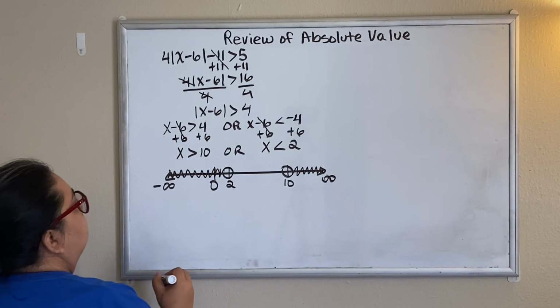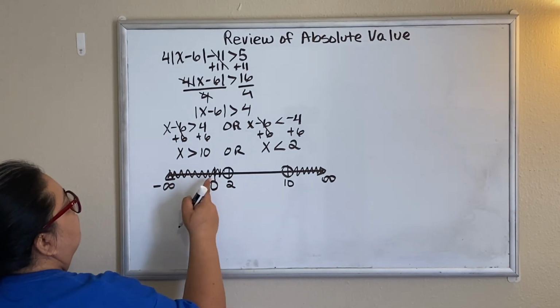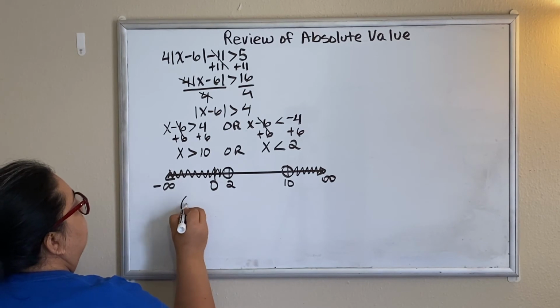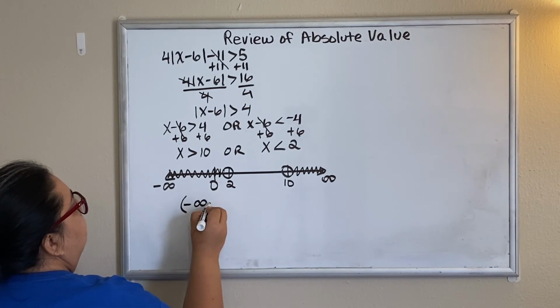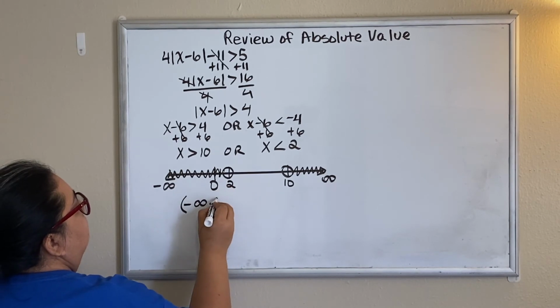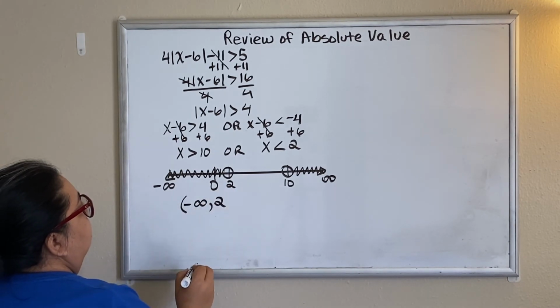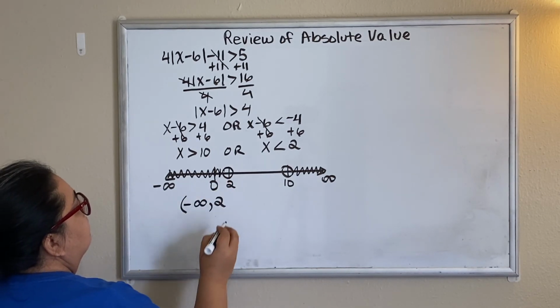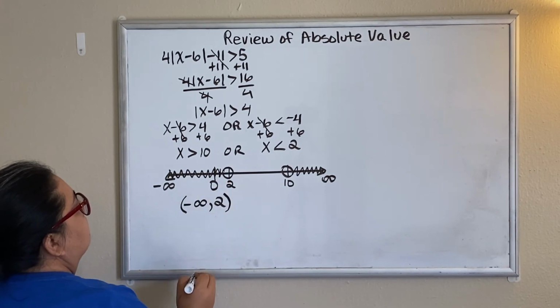And now we're going to write our interval notation. The beginning of the shading starts at negative infinity. So we're going to say parentheses, negative infinity, comma, and we shade until we get to 2. So we write 2. At 2, it's open. Since it's open, we use parentheses.